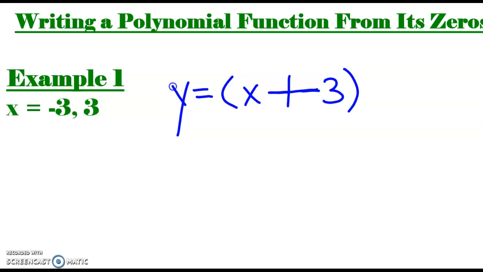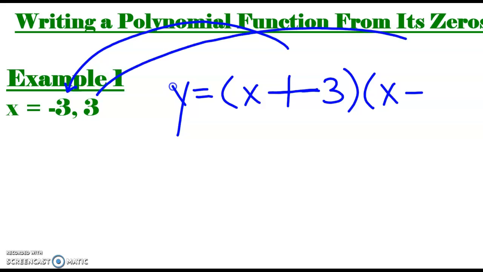If I had a factor x plus 3, I would have gotten the 0, -3. Right, my other one would be x minus, I would type in the 0. The 0 is 3. So we're going backwards. This x plus 3 would give me the answer of -3 like I have over here. This x minus 3 would give me the answer of 3.